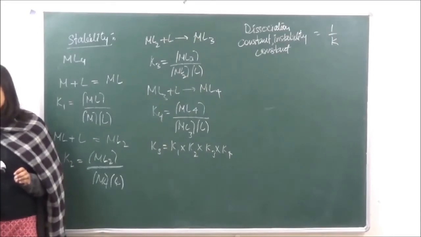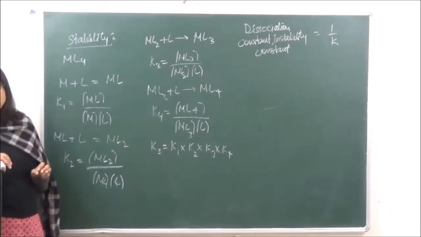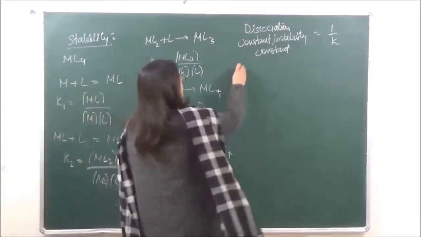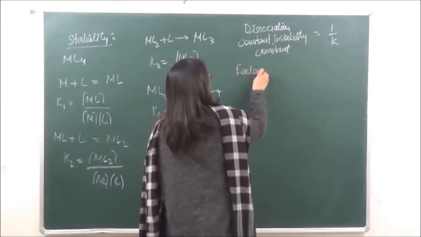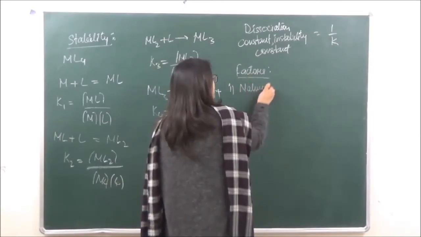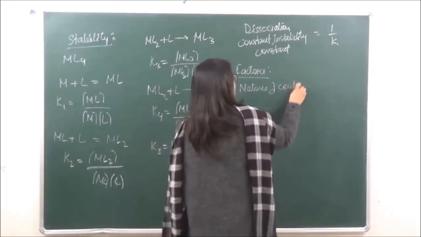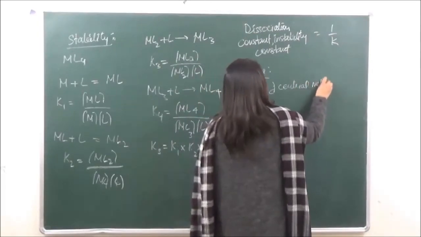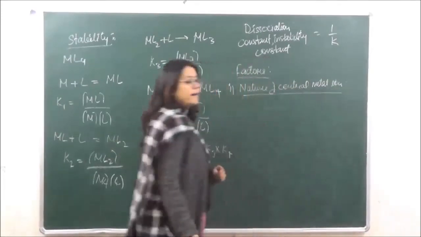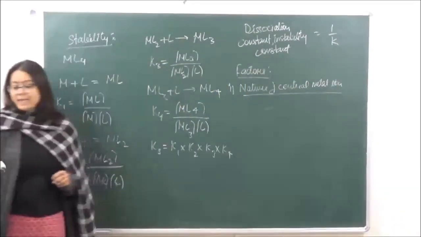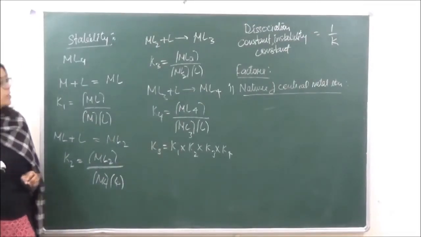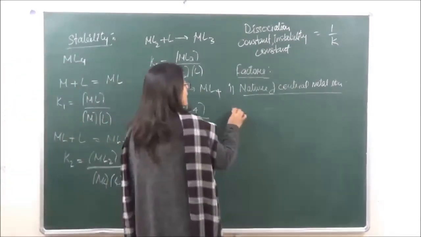Now let's go on to the factors which are affecting the stability of the complex. The first is the nature of the central metal ion. When we look at the nature of the central metal ion, it is seen that the greater the charge, the greater the stability.